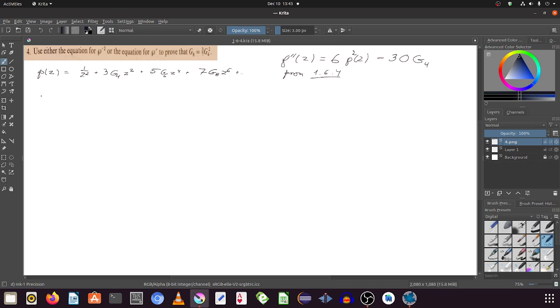So we take the second derivative: minus 2 times minus 3, 6, g4, 20, 60. g6, 42 times 5, and the squared.